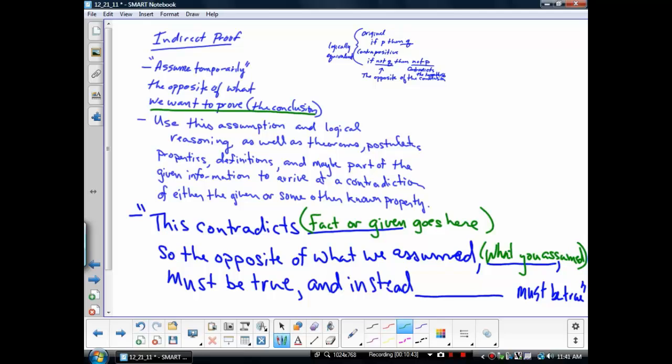Goes right there. Must be true, and instead, this right here is what you want to prove. Yes, Francis. What's the last word? Be true.